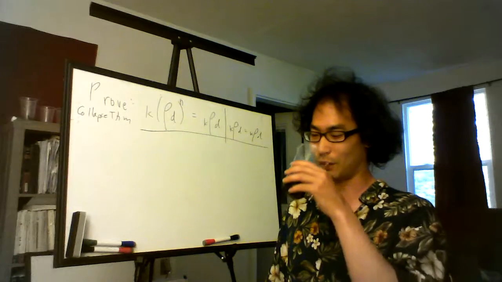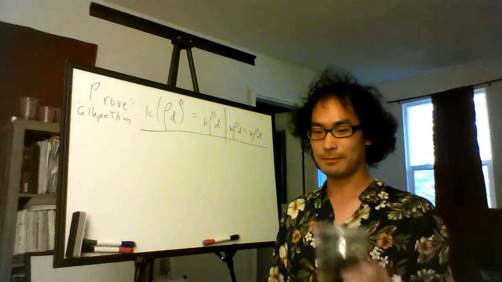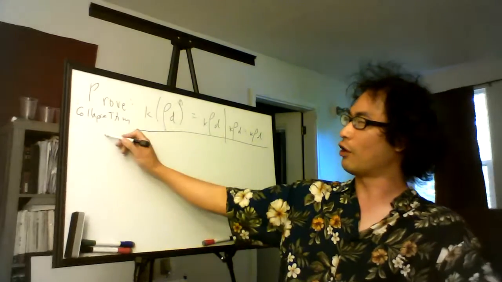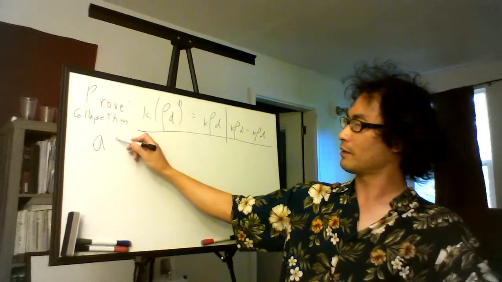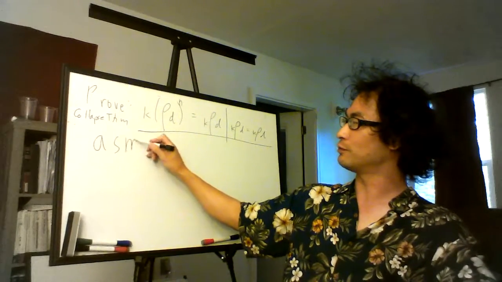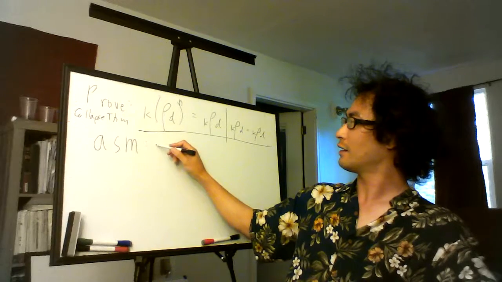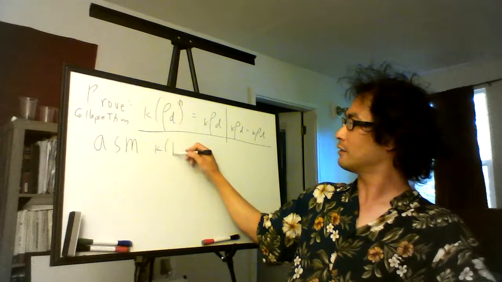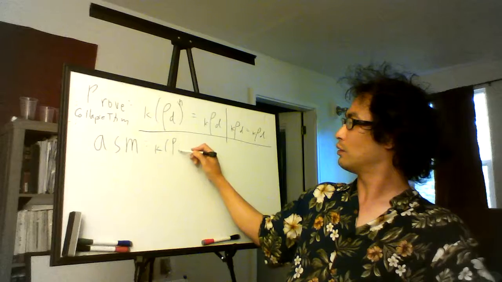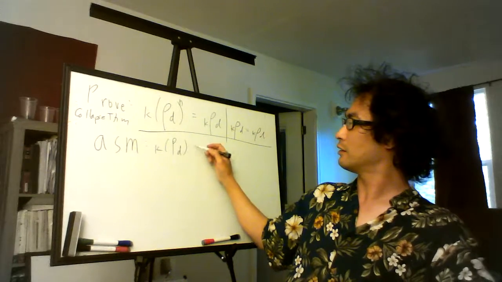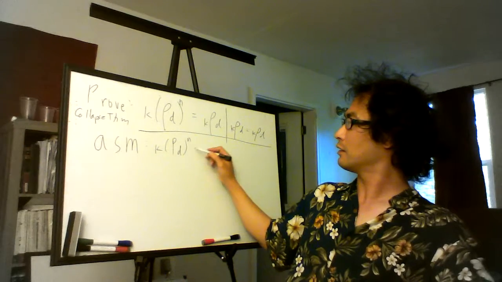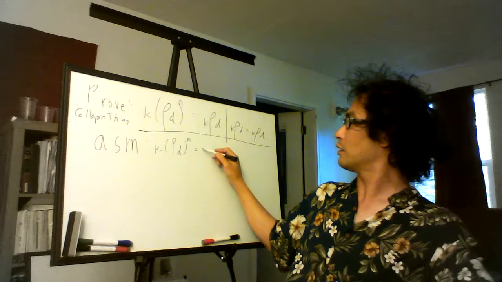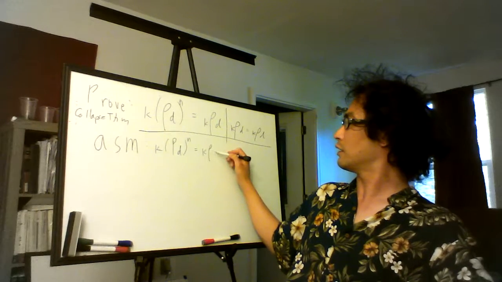Okay, so now assume, ASM, okay, assume K rho d to the n is equal to K rho d.